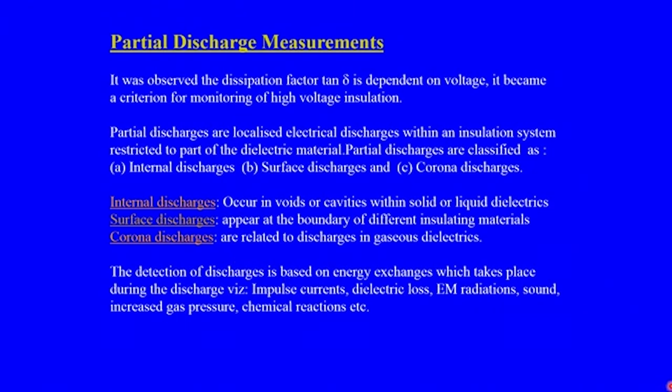The detection of these discharges, internal, surface or partial discharge as we call it, is based on the energy exchange which usually takes place during the discharge, namely impulse currents, dielectric loss, electromagnetic radiations, sound, increased gas pressure, or the chemical reactions which happen, like in the equipment of a transformer and so on. So, these measurements have to be carried out at regular intervals to check the healthiness of the equipment which is in service.